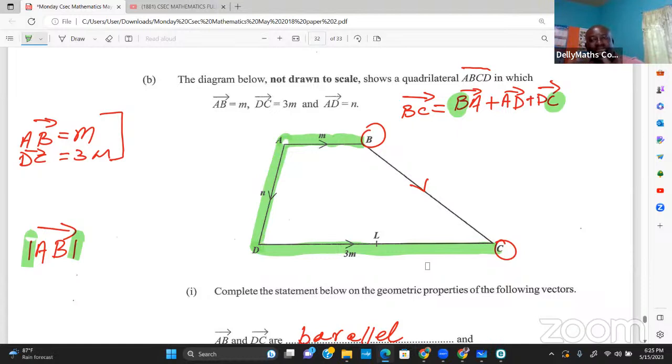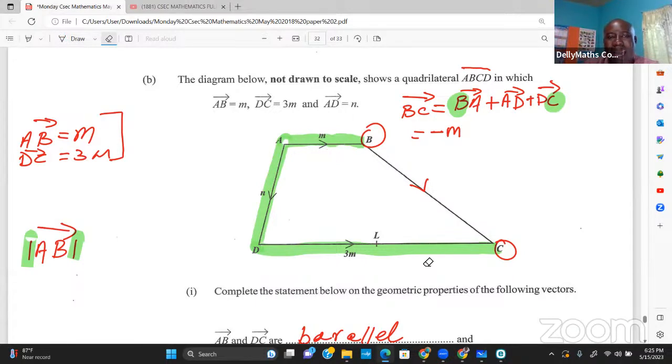B starting, ended at C. So what we want to do now is simply put our values. Now let's look at BA. We're going the opposite direction of that. So we're going to go negative M because the direction changed, we're going this way, right?